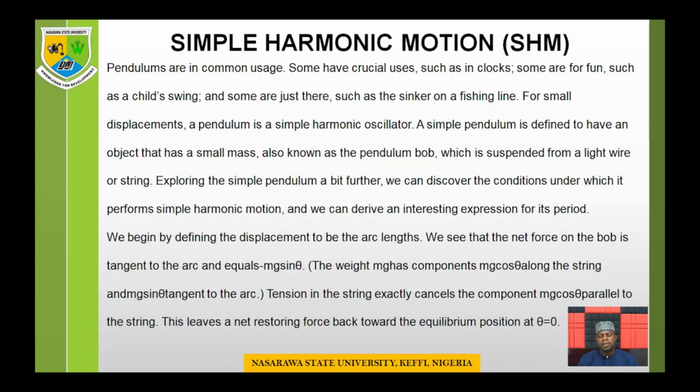Pendulums, we can say, are in common usage. People are using pendulums. Some have crucial uses, such as in clocks. There are wall clocks that have this pendulum on them, that it swings. Some are for fun, such as the child's swing.